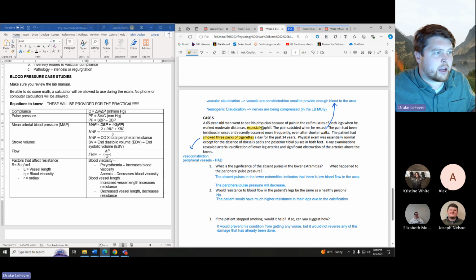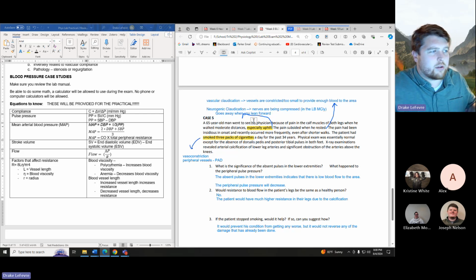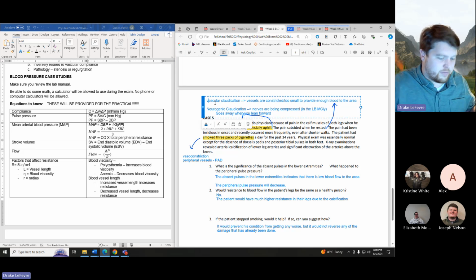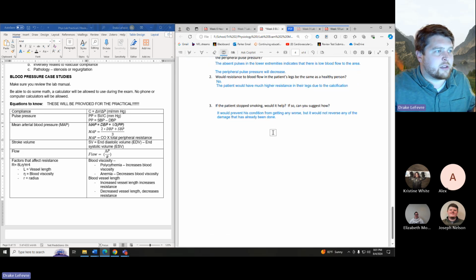And think about walking uphill. When you walk uphill, you kind of lean forward, right? Neurogenic claudication goes away when you lean forward. I doubt you'll get tested on this if you haven't heard of it before, but it's not unheard of that they'll throw in questions you haven't seen before.